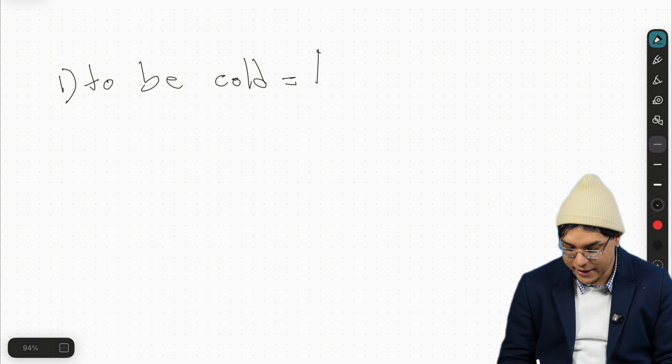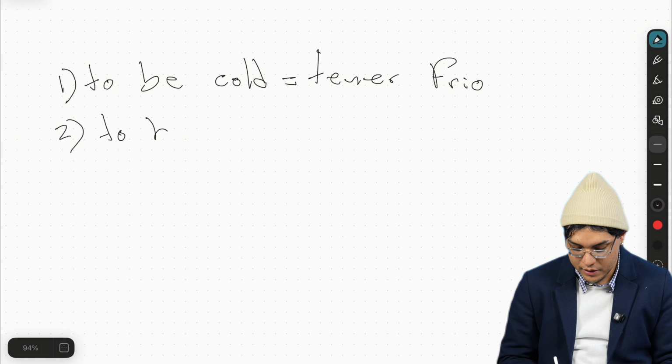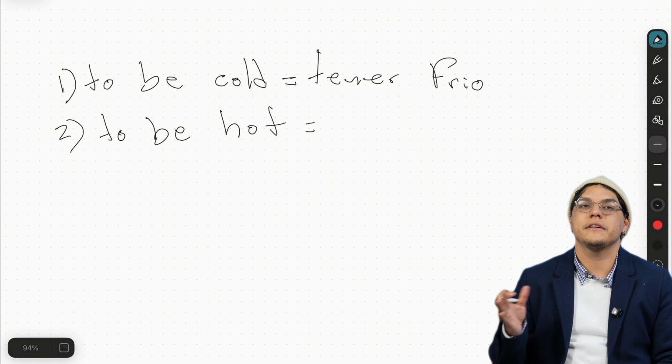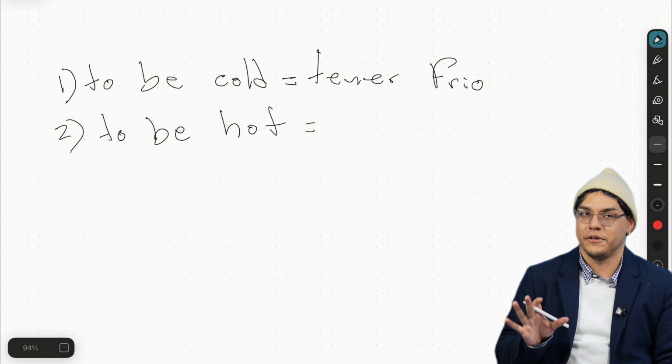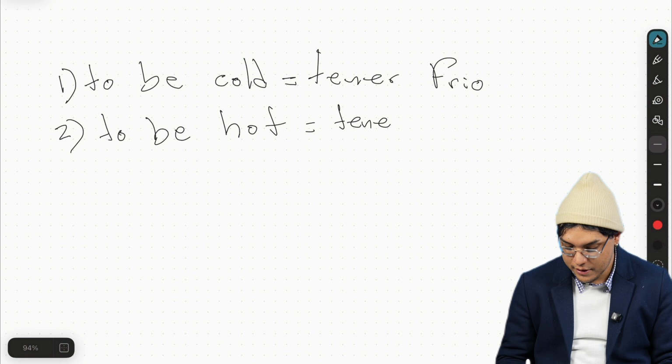Exacto. Tener frío. The next one is to be hot. Remember, guys, you cannot say estoy caliente because that would be embarrassing for you if you say that. So this one is tener calor.